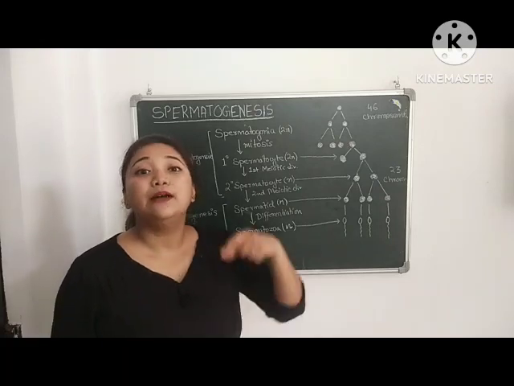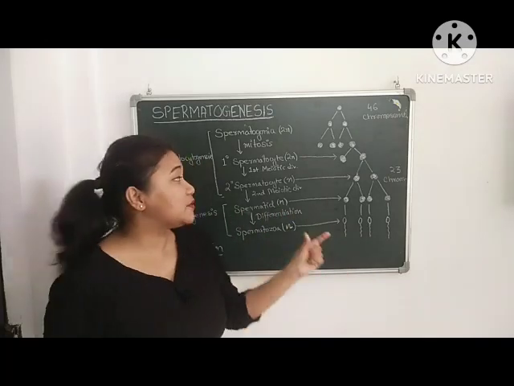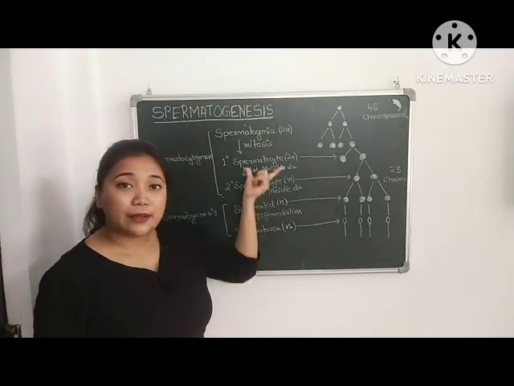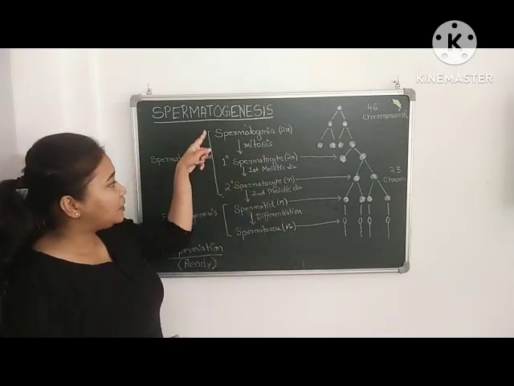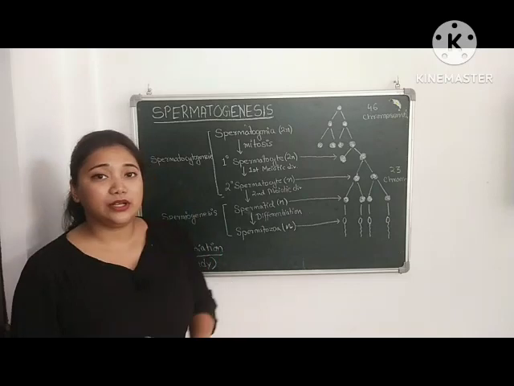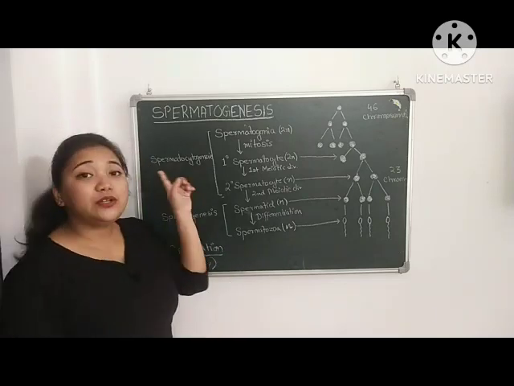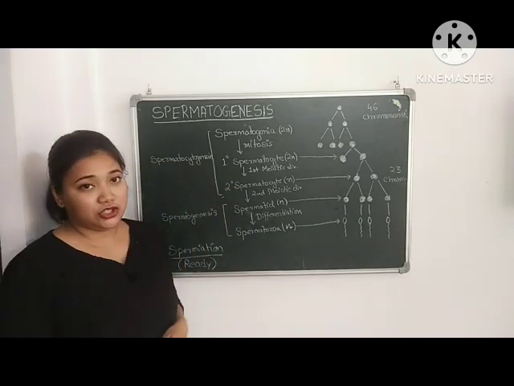Spermatocytes were being produced. There was genesis, production of spermatocytes, primary and secondary spermatocyte. So this area, from here to here, this process we can use under one terminology, that is spermatocytogenesis.